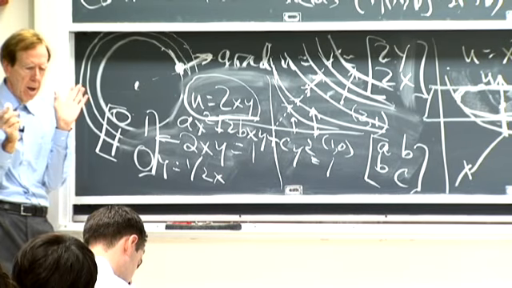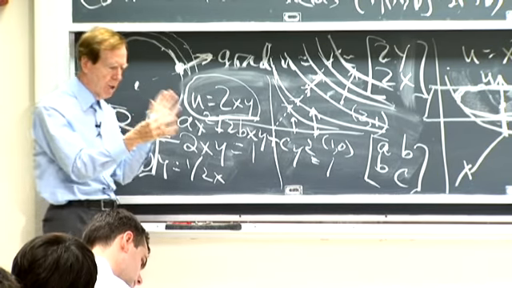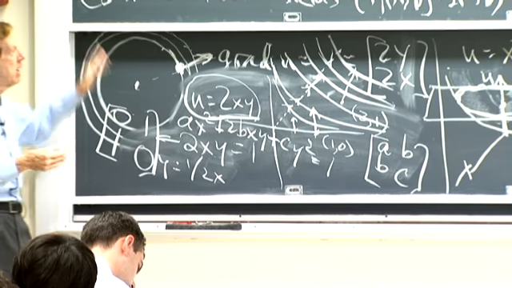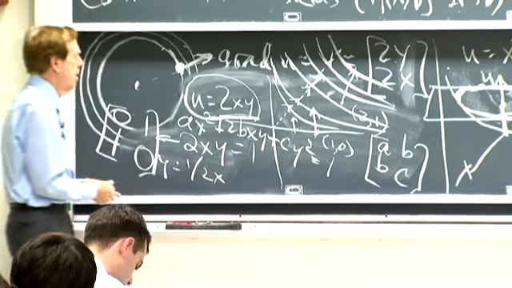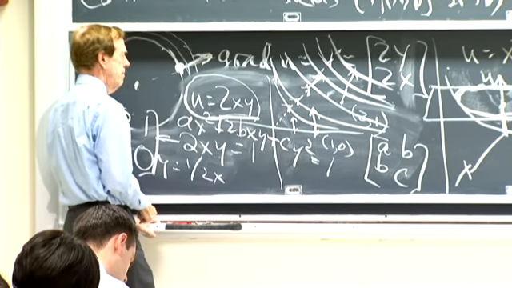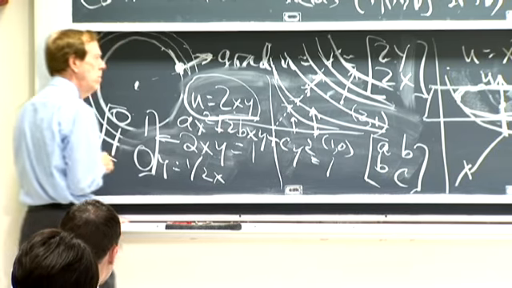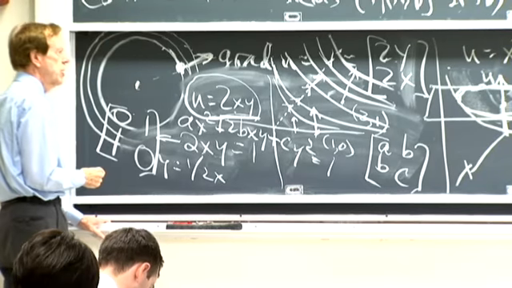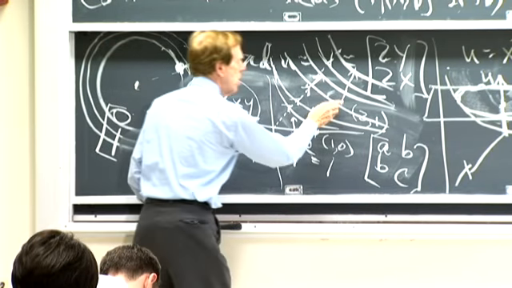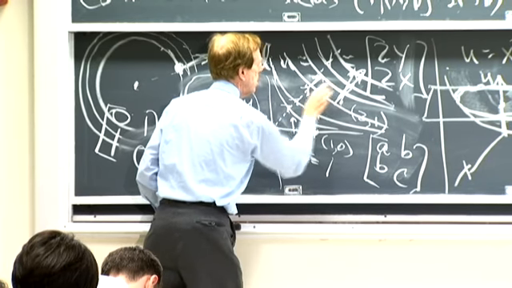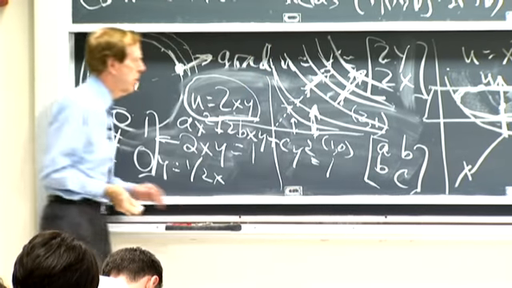We're trying to see the geometry, it's beautiful geometry behind the gradient. So if v is a gradient, then it comes from some u. I can plot u equal constant, the equipotentials, and then the gradients will be perpendicular to them.